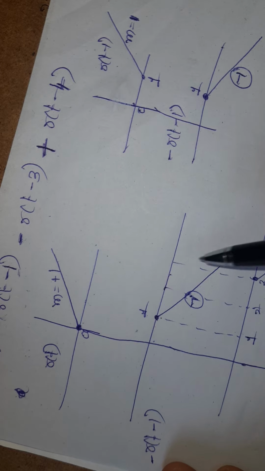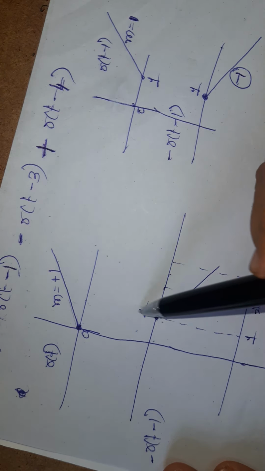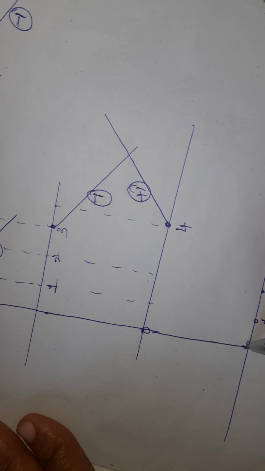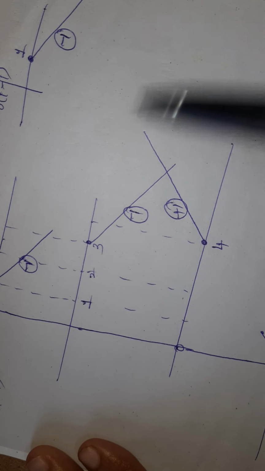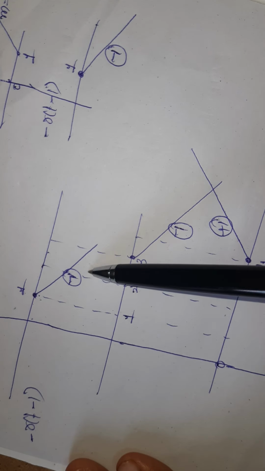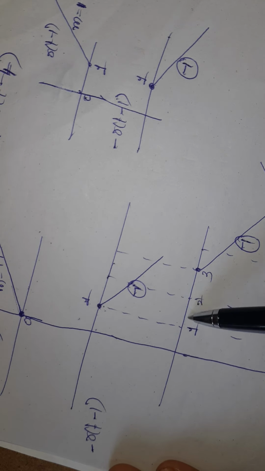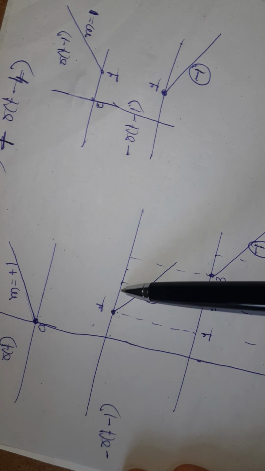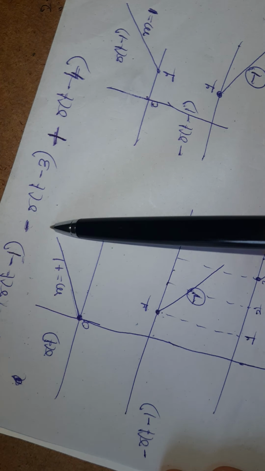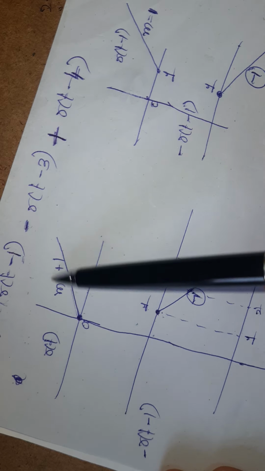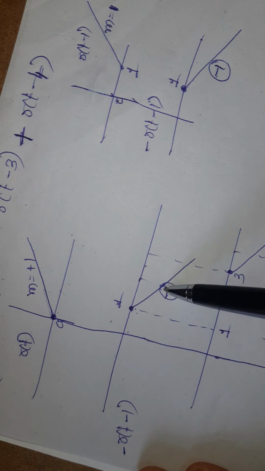In between 0 to 1, I am having this signal, so just as it is, I am increasing from 0 to 1. Next, in between 1 to 2, I am having the signals: rising slope plus 1 and falling slope minus 1.